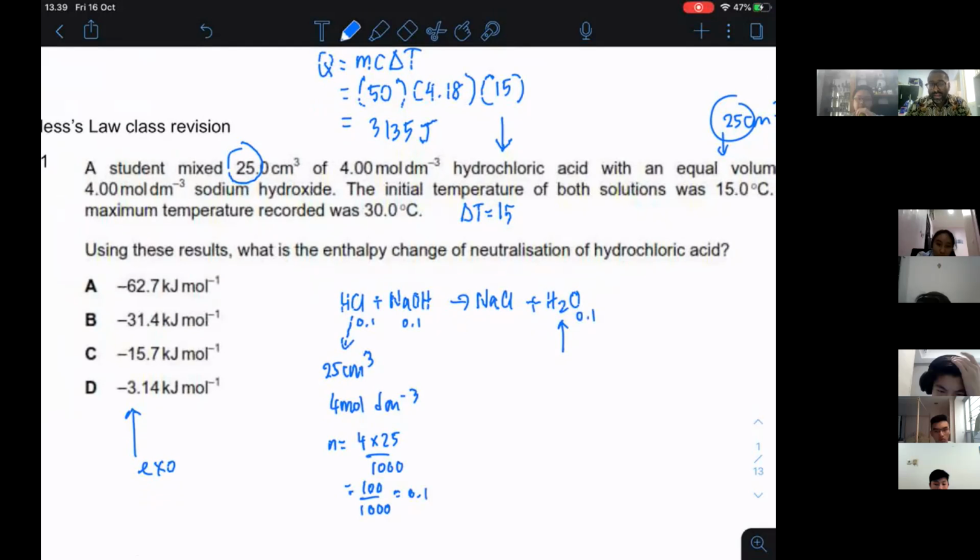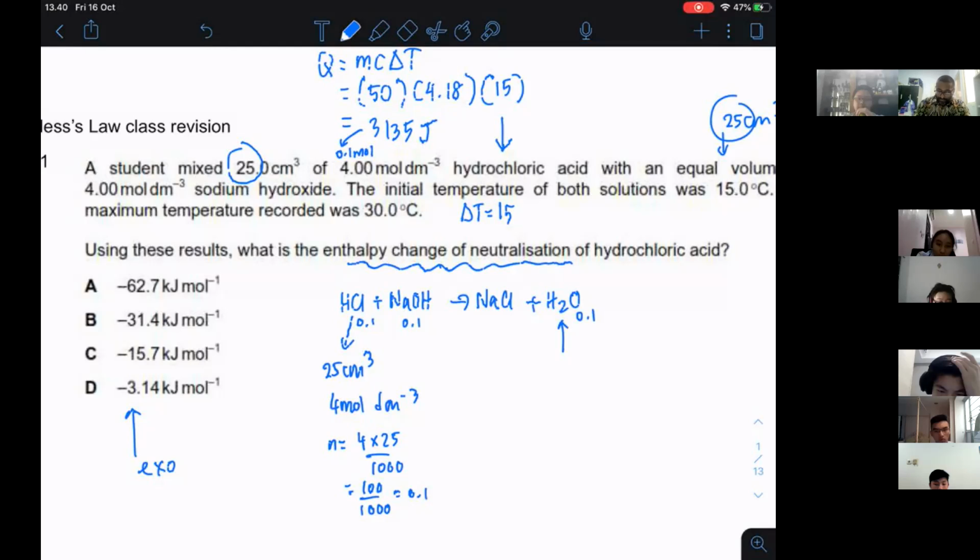So when you calculate the energy change here, this energy change is only for 0.1 mole. I want the enthalpy change. The enthalpy change of neutralization is when 1 mole of water is being formed.